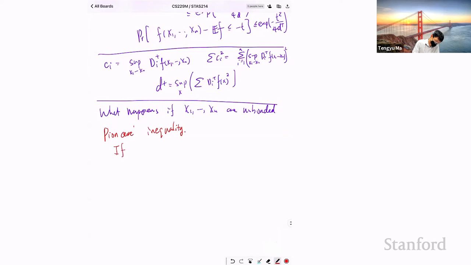So if x1 up to xn are Gaussian, which means mean 0 and variance 1, and you have some function f, you can look at the variance of this function. You didn't prove that this is sub-Gaussian. You only showed a bound on the variance, which is something necessary to have, right?